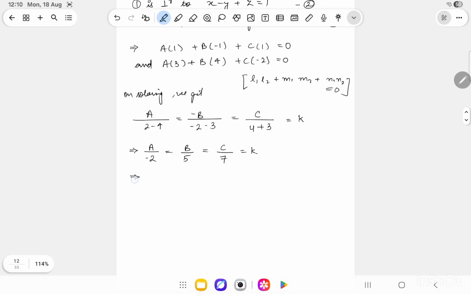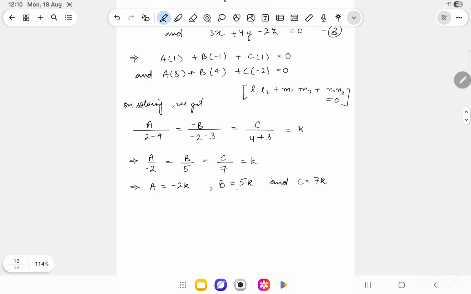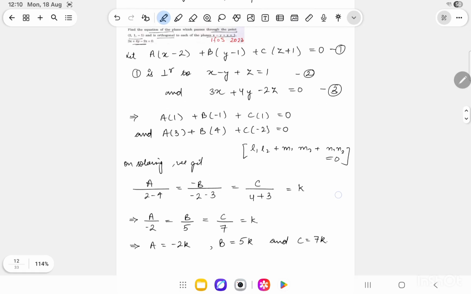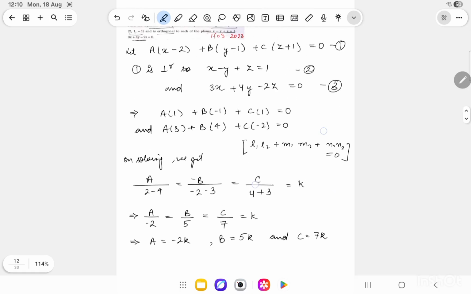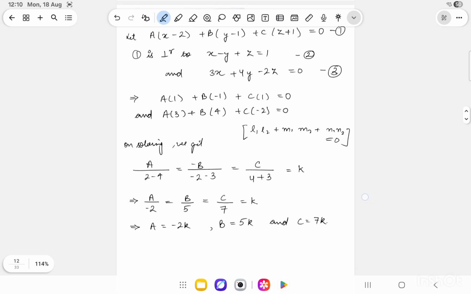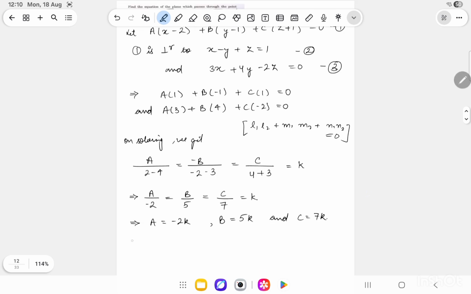So from here I can calculate the values of a, b and c. My a is equal to minus 2k, b is equal to 5k and c is equal to 7k. I can just substitute these values of a, b and c in equation number 1 to get the equation of the required plane.